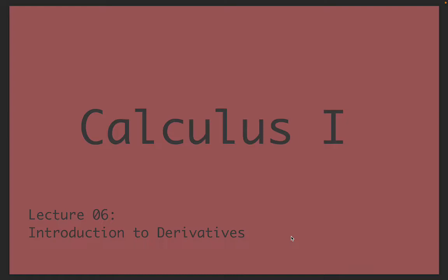So previously, we've delved deeply into the concept of the limit, which is the first concept that you need for calculus. And now we're moving into the second big concept, which is derivatives and differentiation.